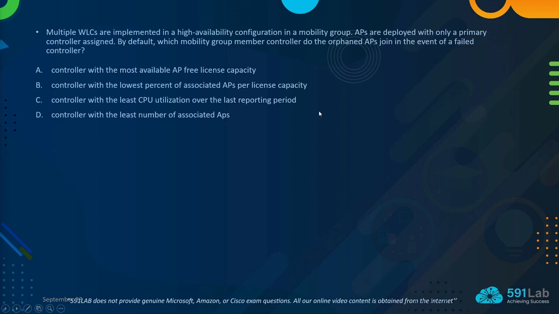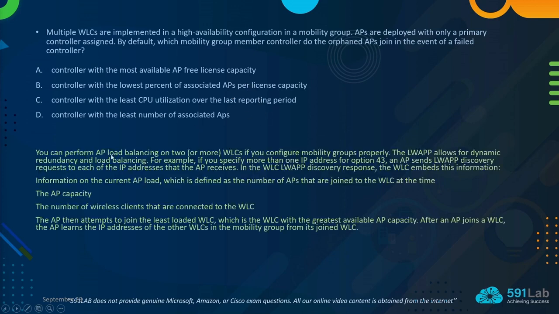So we need to know what are the actual steps that the APs go through when one gets disconnected or needs to join a controller. In order to see this, we need to check the Cisco guide on how the APs in such a mobility group deployment and high availability deployment will act. This is taken from the Cisco website.